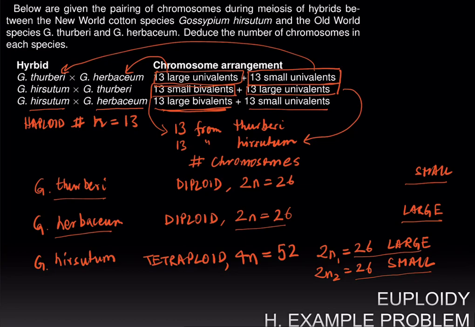And what must have happened is that Hirsutum must be an allopolyploid formed by the hybridization of Thurberry and Herbaceum, followed by chromosome doubling, allowing Hirsutum to produce viable progeny and become a new species.